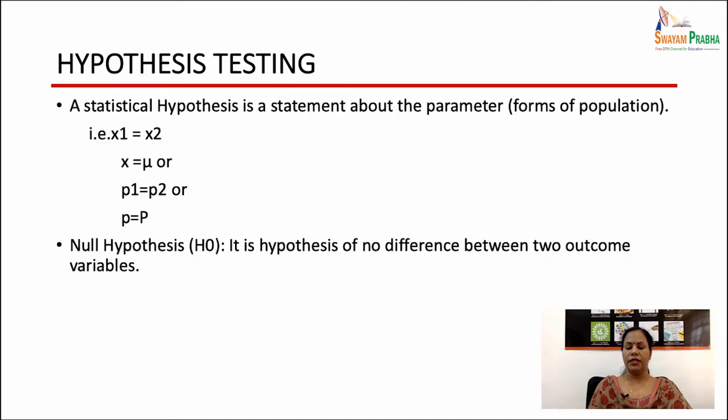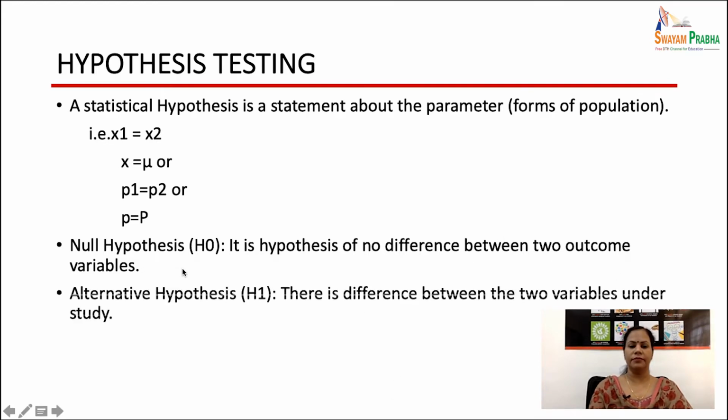Or if you have the same sample and two values like pre-test and post-test, then the pre-test knowledge score will be equal to the knowledge score of the post-test. So that is the null hypothesis. The null hypothesis always tells that there is no difference between two outcome variables.